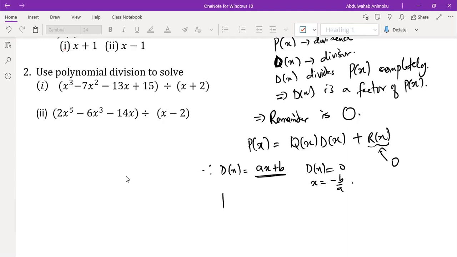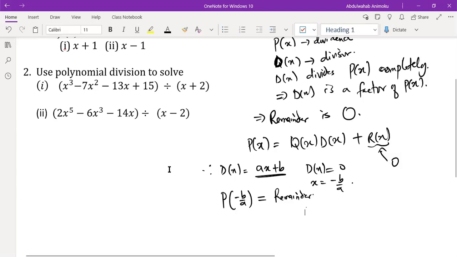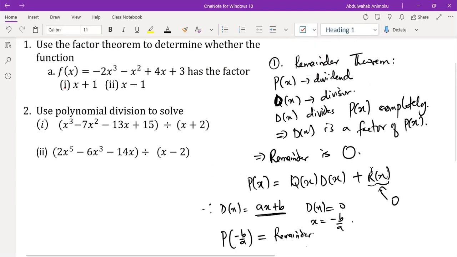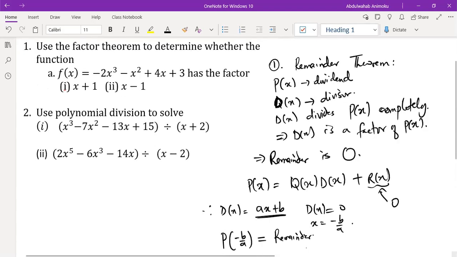It says that when I substitute minus b over a into the original polynomial, this would give me the remainder of that division. And when this remainder is 0, that means d of x would be a factor of p of x. So that's what we're going to use to solve this problem. Let's get started on it.